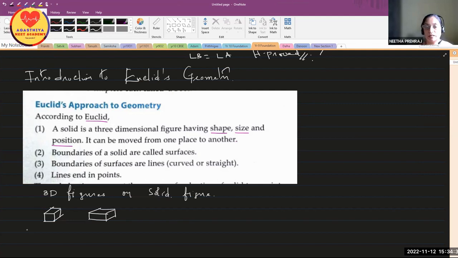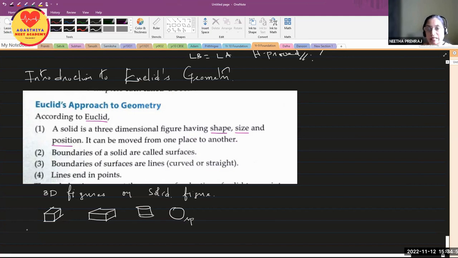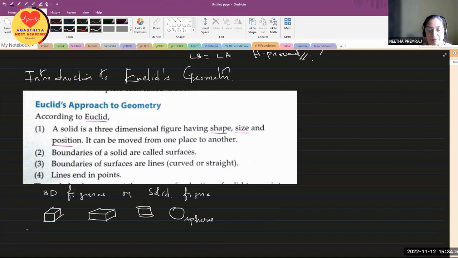Even a book is the shape of a cuboid. The playing cube is a cube. And cylinder is a solid figure. Sphere, this is not a circle, this is a sphere. Ball, lemon, it is spherical in shape. Cone is a solid. We have numerous figures, but I mentioned a few.